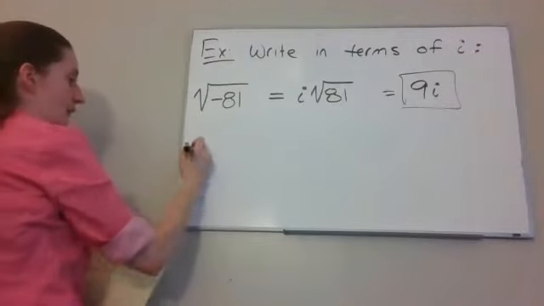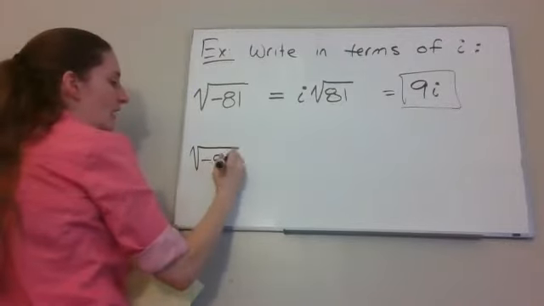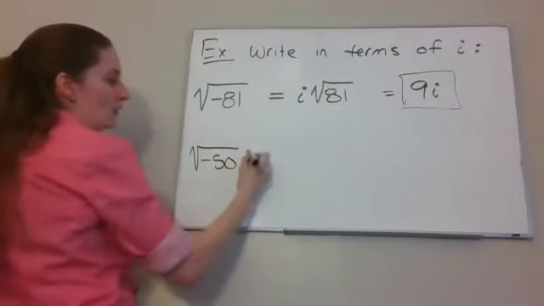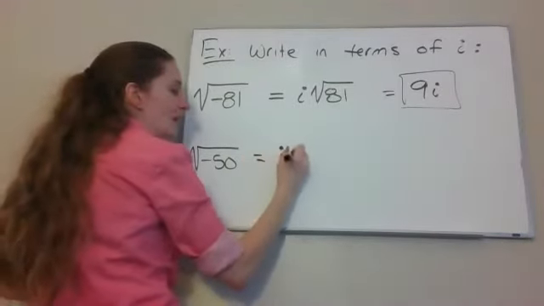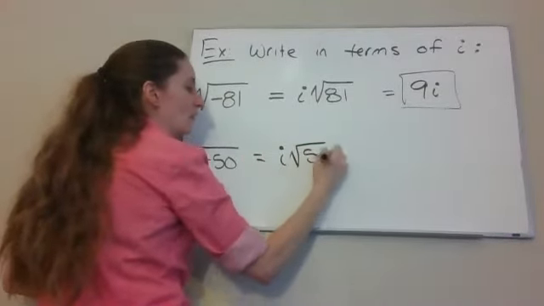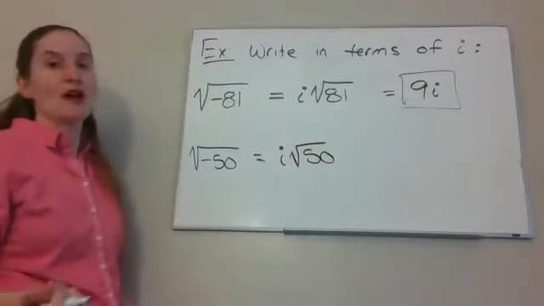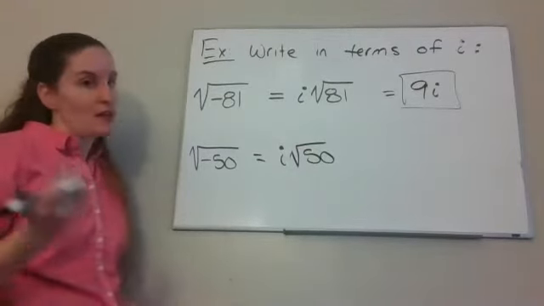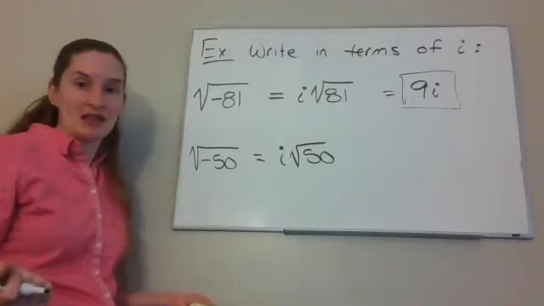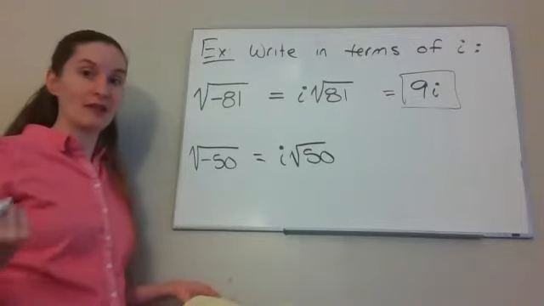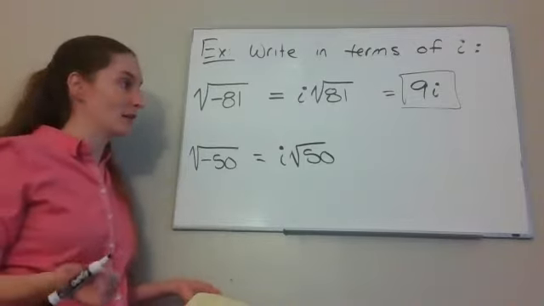And how about something like the square root of -50? Well, we know by definition, this is going to be i times the square root of 50. And then we would just have to try to simplify the square root of 50. It's not nice like 81. We can't just take the square root of it. We're just going to have to simplify it as much as we possibly can.